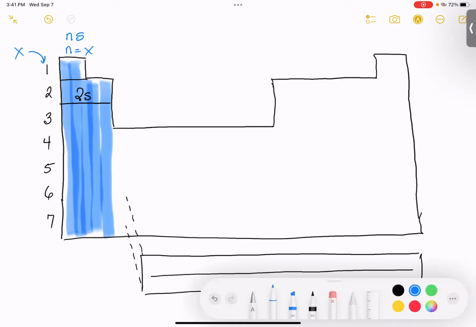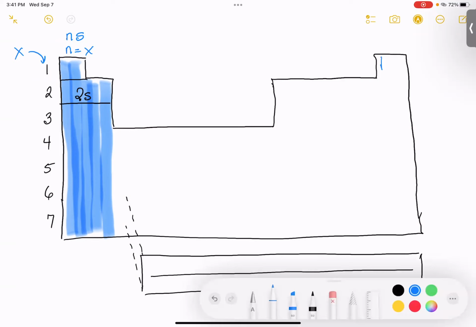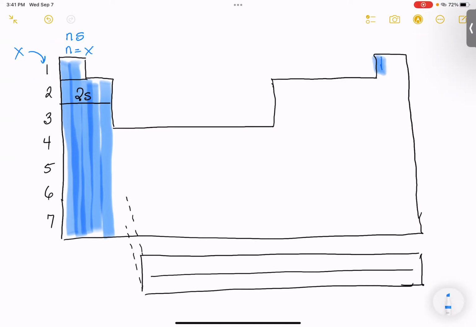By the way, for this purposes, even though it does not appear that way on the periodic table, helium goes with the 1s.